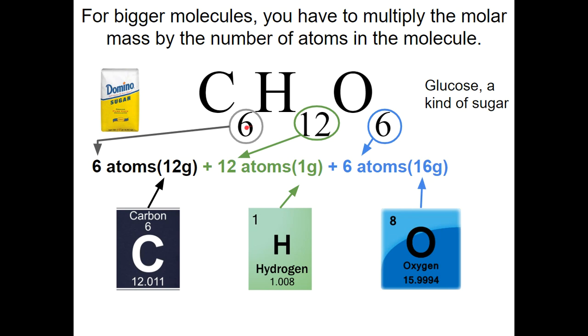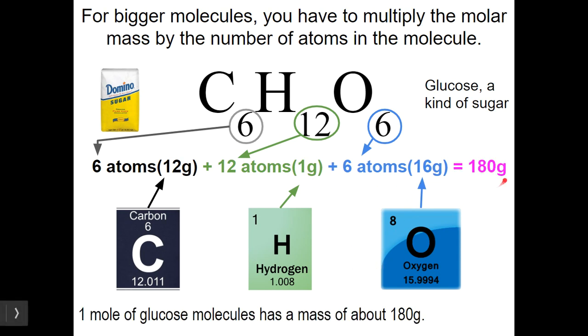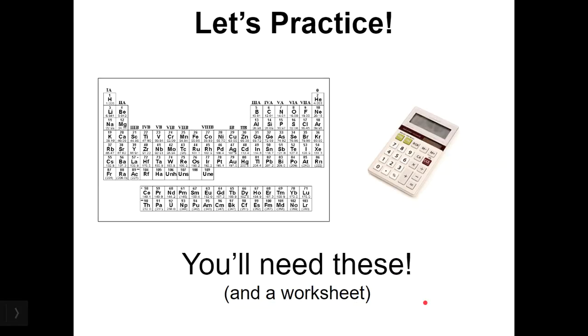Okay? You're just saying 6 of these weighs this much, and 12 of these, and they each weigh this much. So it's 6 times 12 plus 12 times 1 plus 6 times 16, and that equals 180 grams. So 1 mole of glucose molecules has a mass of about 180 grams. Okay? That's it for today. Oh, and you're going to practice later.